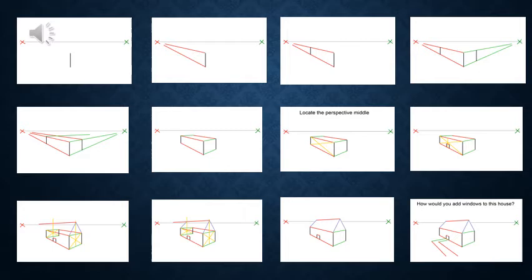If you see that we already have the object, and then we want to create windows. The windows can also be created from the red side. We can create the size of the windows from the red side vanishing point, and from the second vanishing point, the green side, we can create green windows at any place we want on the object.